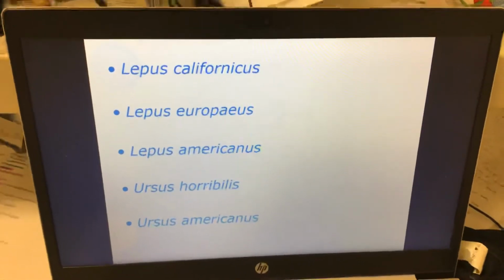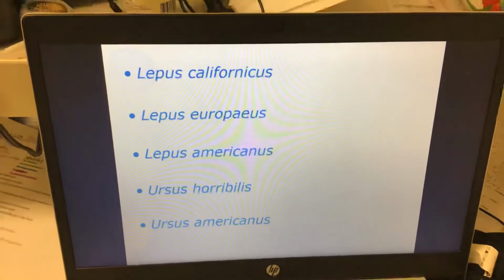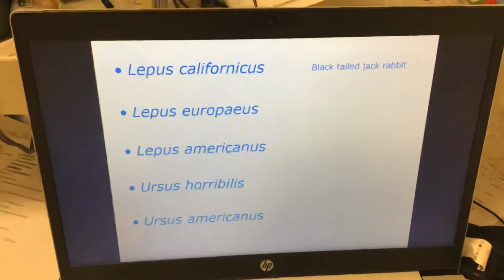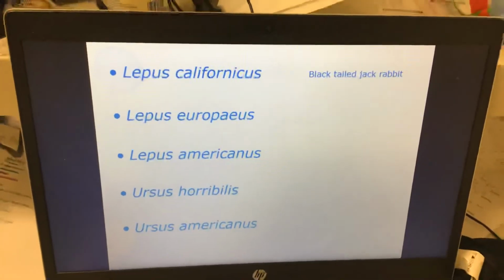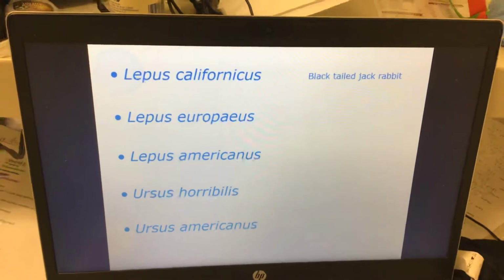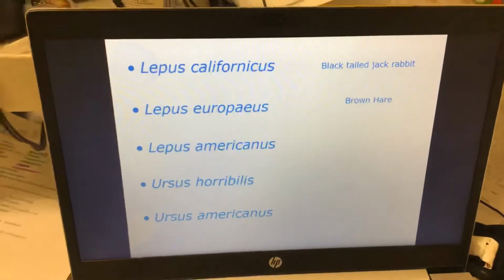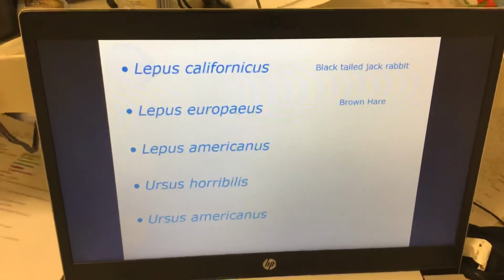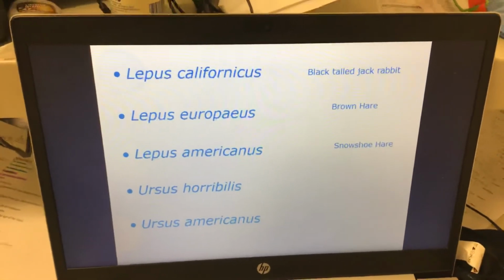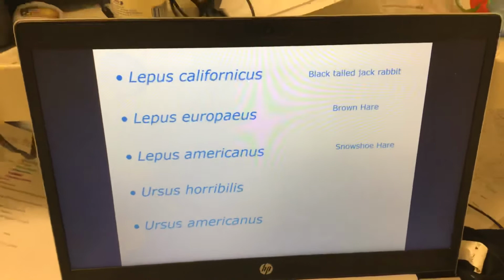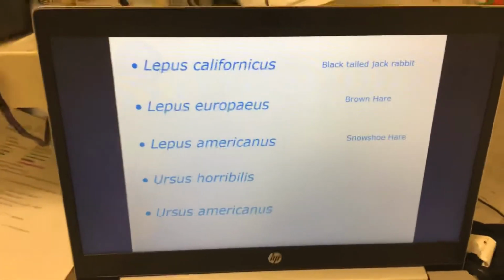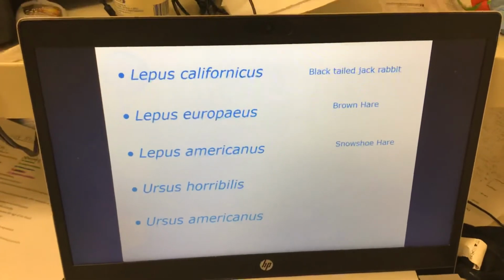Oh, I kind of gave that away already. Lepus californicus is the black-tailed jackrabbit. Lepus europaeus, you'd probably guess, would be some sort of rabbit, brown hair. Lepus americanus, snowshoe hare. So if you're in the genus Lepus, you're some sort of rabbit.